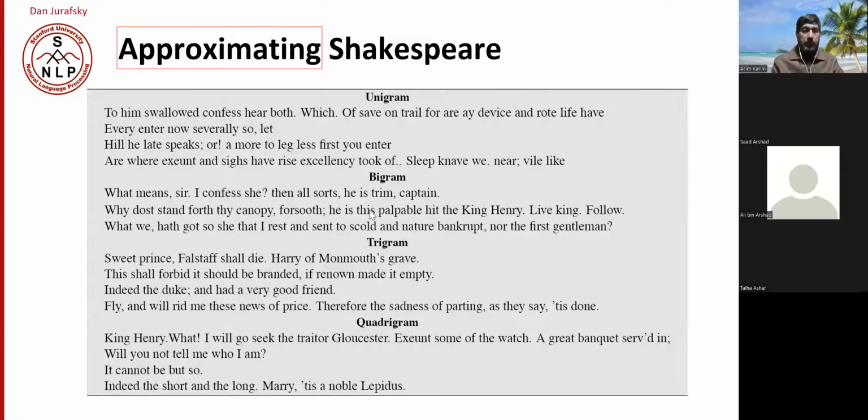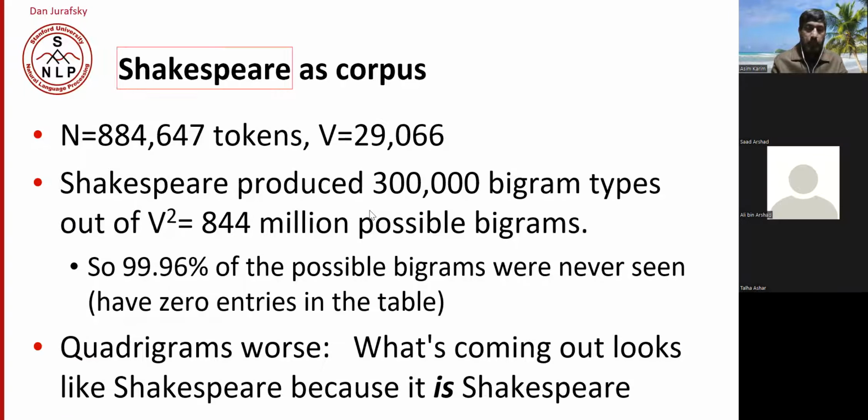For example, if you consider the Shakespearean writings, we had over 800,000 tokens in the corpus and close to 30,000 vocabulary size, right?